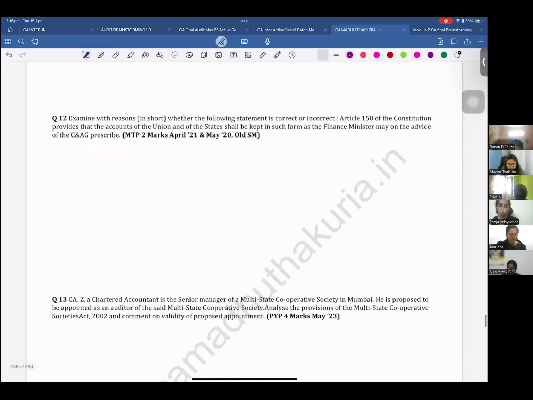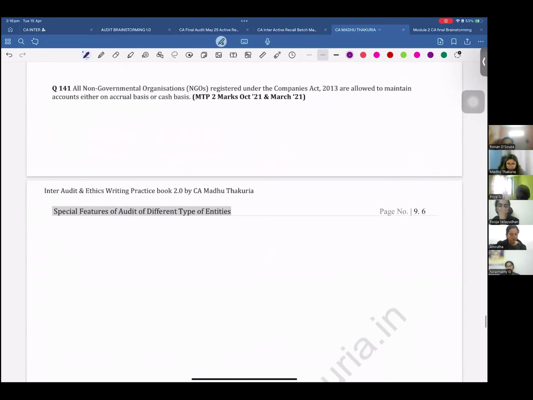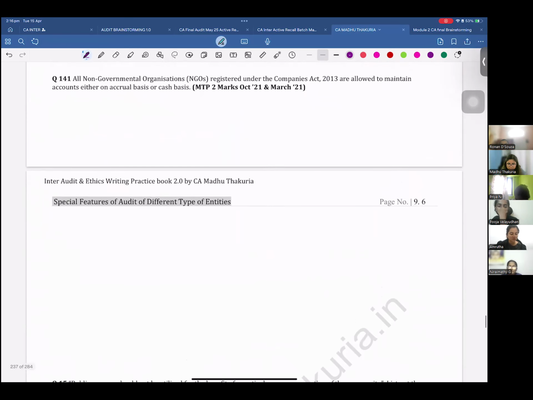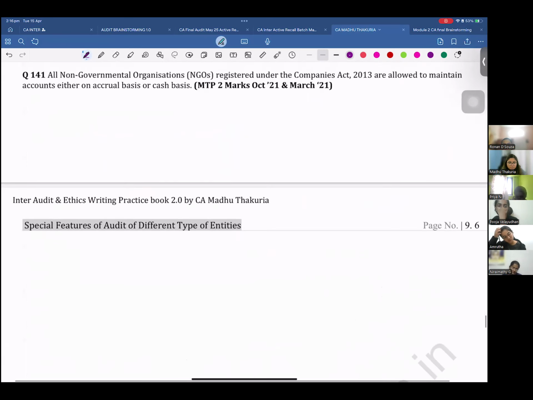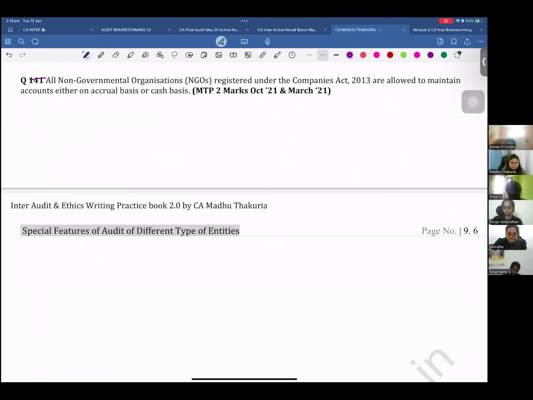NGO credits. Do you know this question, number 14? All NGOs registered under the Companies Act are allowed to maintain accounts either on accrual basis or cash basis. Go to your NGO concept notes and tell me, do they have this somewhere?